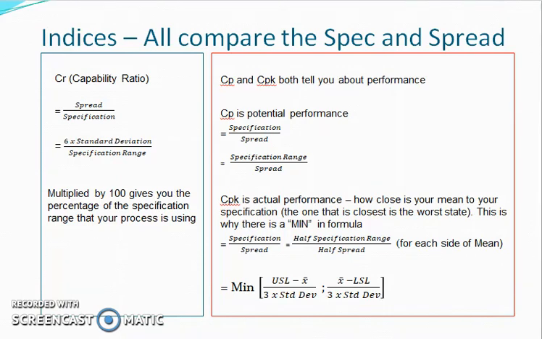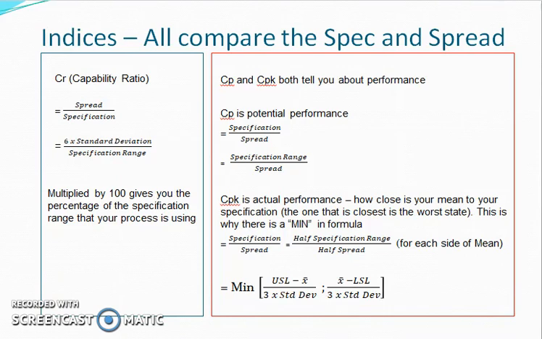With CPK, we have a look at the mean as well. And we compare the mean to the upper specification limit, and then separately we compare the mean to the lower specification limit. And then we divide that by half of the spread. The smallest value between those two is the worst state of the process.